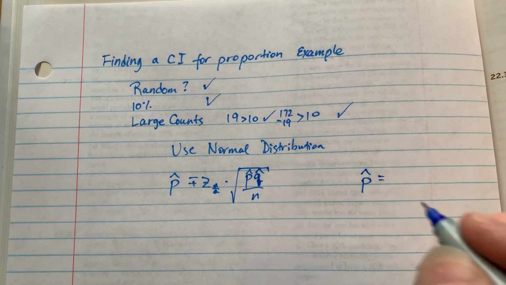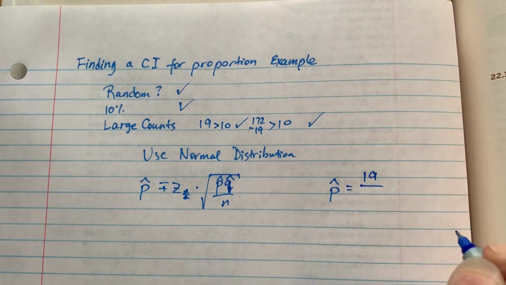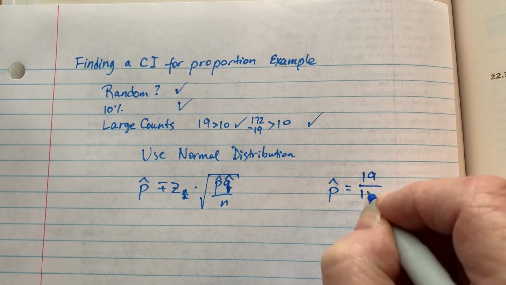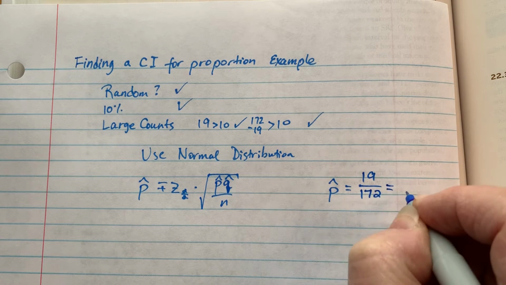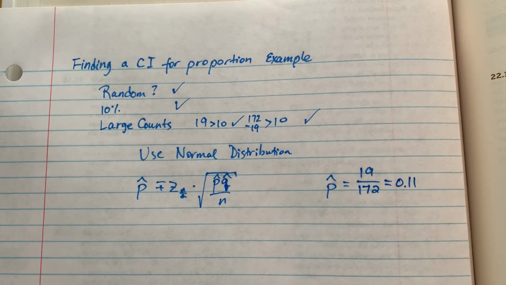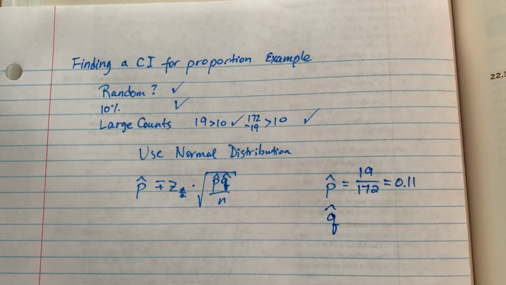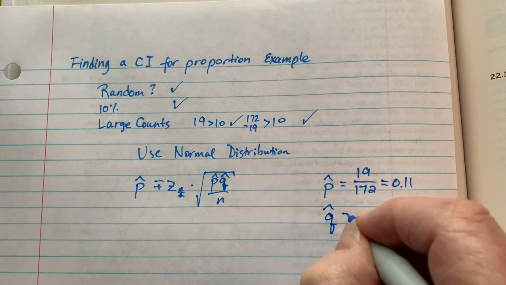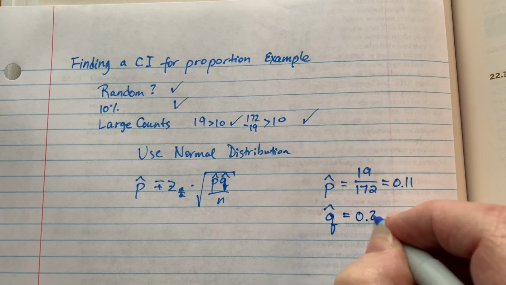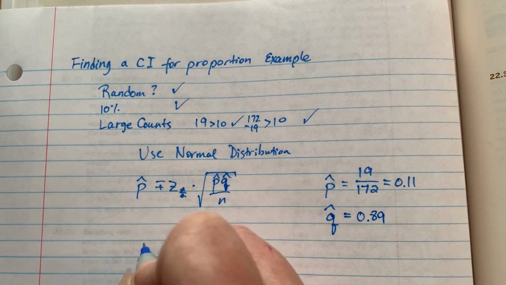P hat is the 19 people that did report the cheating out of all the students picked for the random sample. So 19 out of 172 makes it 0.11, or 11%. That means the failures, people who did not report the cheating, are 1 minus the successes, which is 0.89. So my p hat is 0.11.